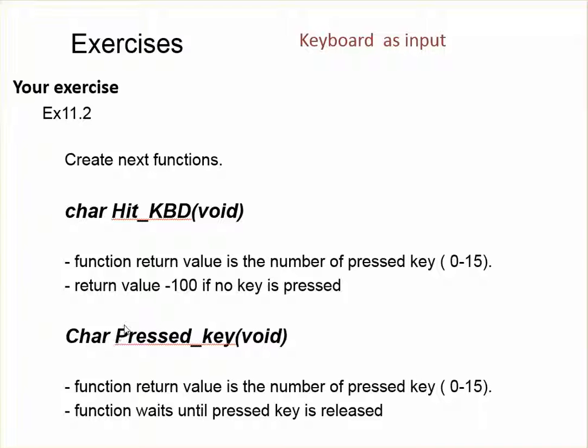And of course it's worth using this hit keyboard function for generating this pressed key. So you don't need to generate double code, but instead inside this pressed key function you should use the functionality of this hit keyboard function.